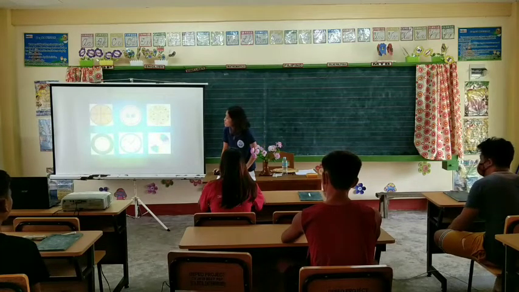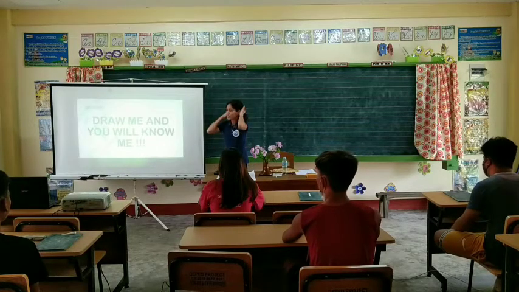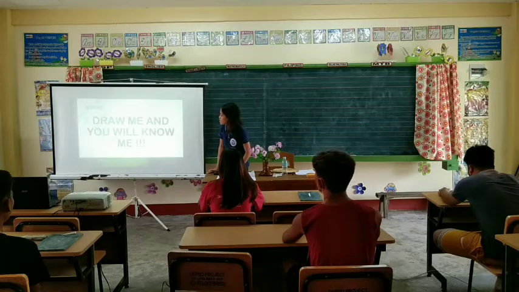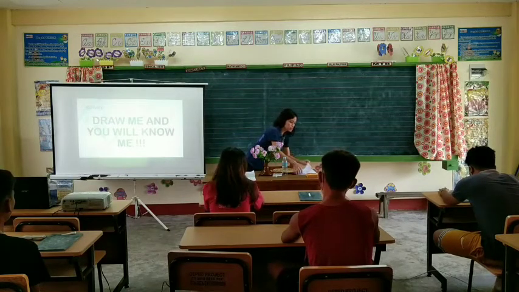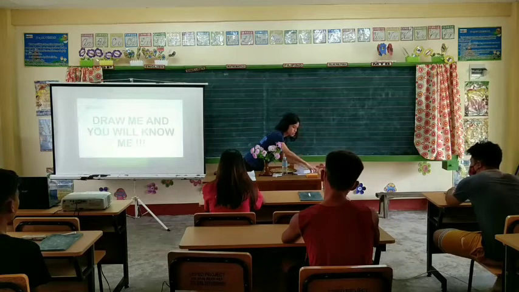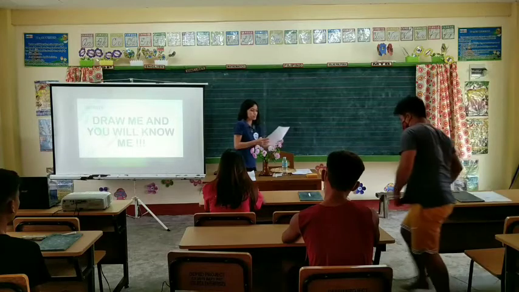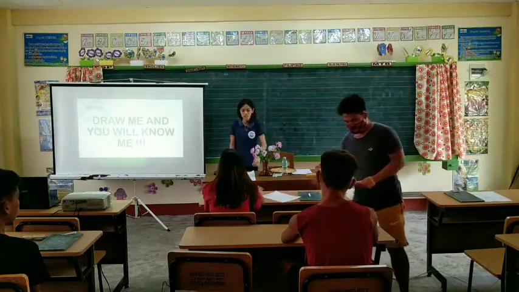So, we have here an activity. The name of this activity is Draw Me and You Will Know Me. I have here bond papers. Jerome, kindly please distribute this to your classmates.